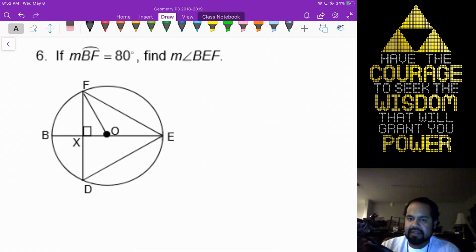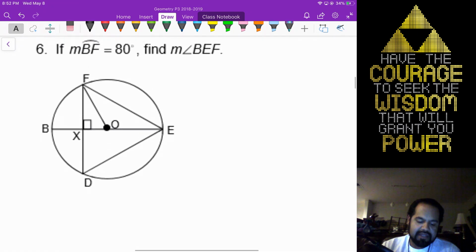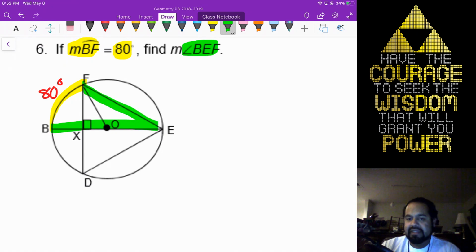Okay. Now looking at this one, BF. This is arc BF, that's 80. Right there we have 80. We want to find the measure of angle BEF. This is our ice cream cone.